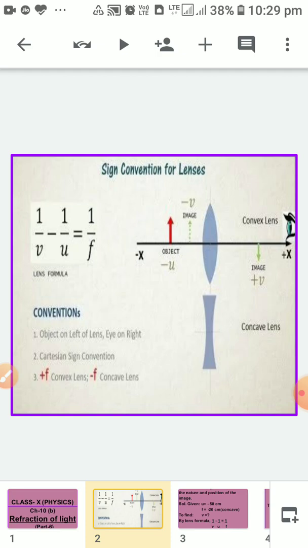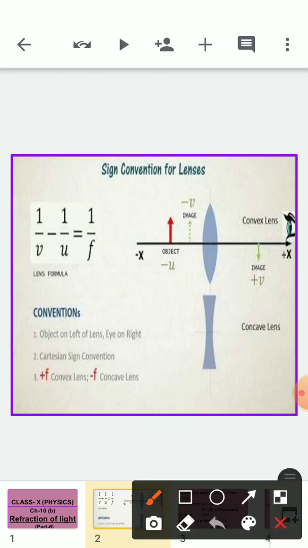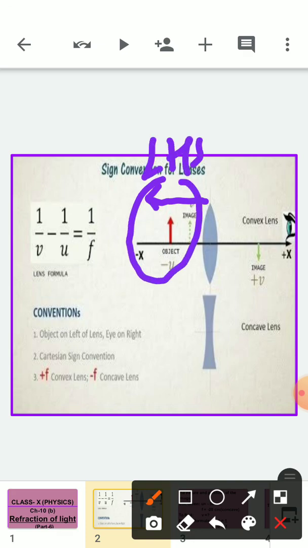Whenever the object is placed on the left side of the lens, all the distances which we measure on the left-hand side of the lens will have a minus sign, and on the right side of the lens they will be positive.